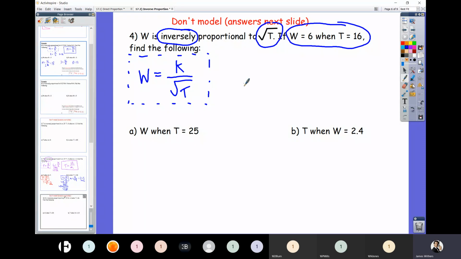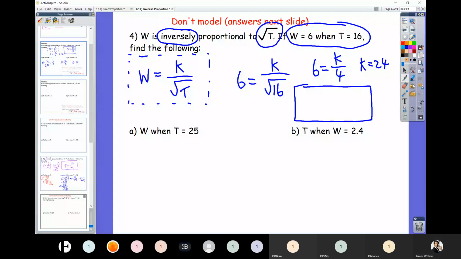We're told that when W is 6, T is 16. So obviously the square root of 16 is 4. So 6 equals K over 4. Multiplying both sides by 4, we can see that K is 24. So our new improved formula is W equals 24 over the square root of T.